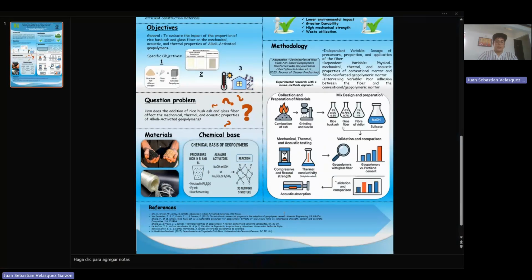And finally, a chemical reaction. On the right side, the result is shown: a three-dimensional 3D network formed by repeating unions of Si-O-Al-O, where silicon and aluminum atoms are connected through oxygen atoms. This hardened geopolymer provides the material with its advanced mechanical and chemical properties.